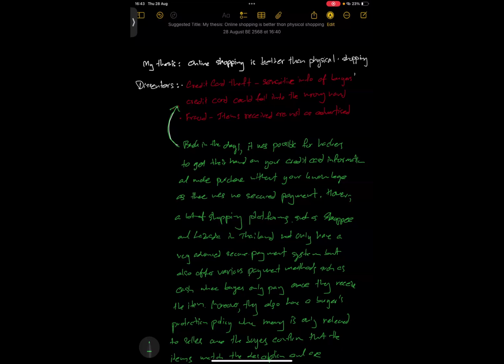But today it is different. The world has changed. There's a payment system that is a lot more secure. There are things like a one-time password or OTP. This is just to double check that you are who you are when you make a purchase, because somebody could hack into your account and make a purchase on your behalf.